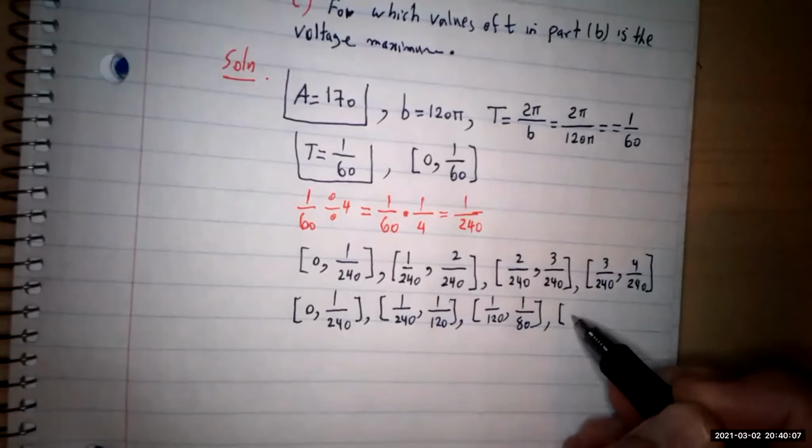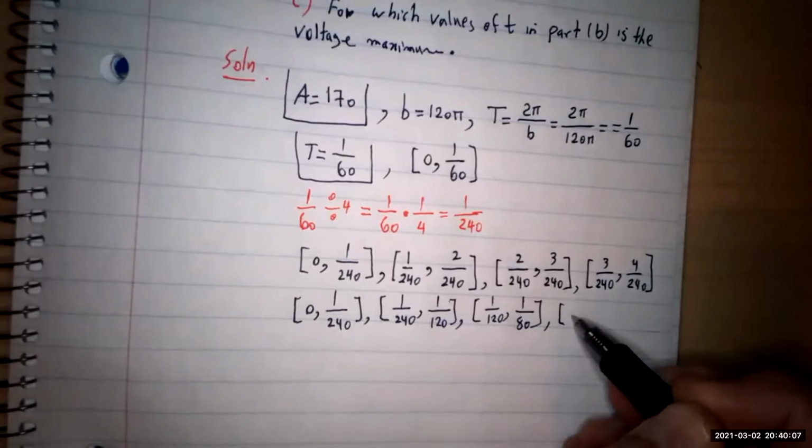As you can see, with this graph the highest value is going to be at 0, which is 170. Then you get the maximum here: when t is equal to 1/60, the value of the function is 170, because of this point.